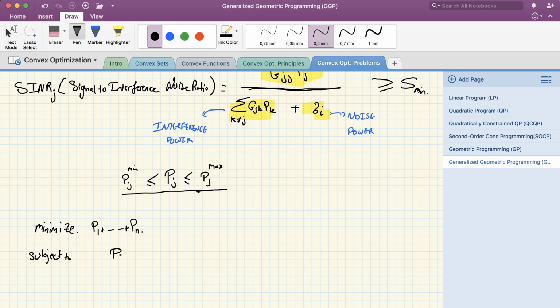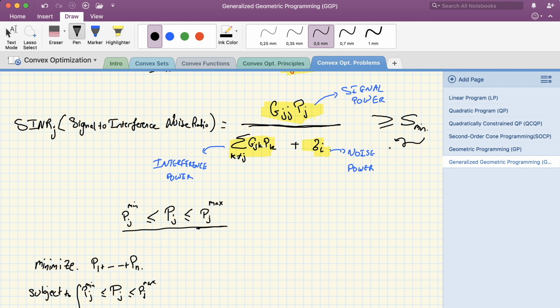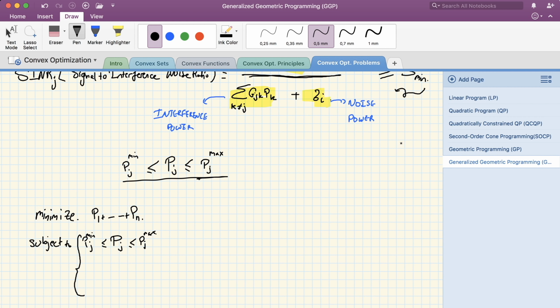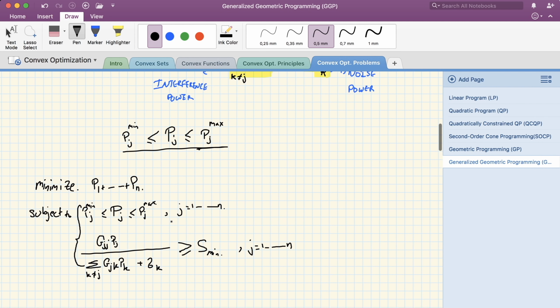So each of the Pj is between a Pj min and a Pj max. And for the SINR, we need to guarantee a minimum performance. So this ratio is greater than S min. I'm going to write it here. Sorry about that, this should be a k right here. It's greater than S min, for all j from 1 till n.